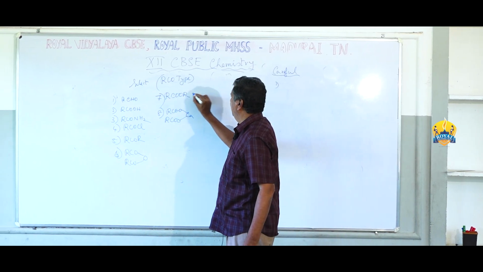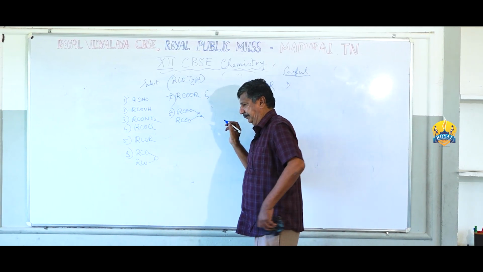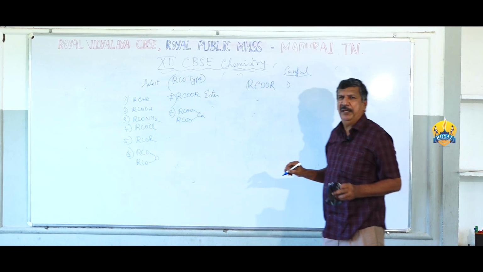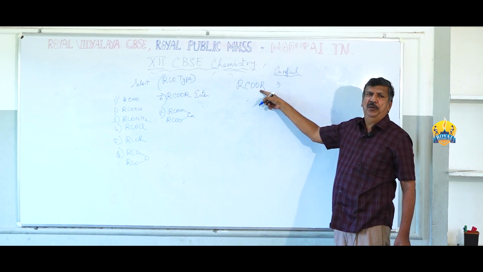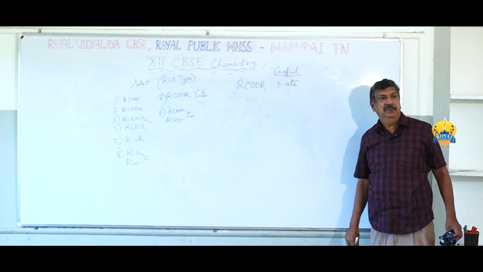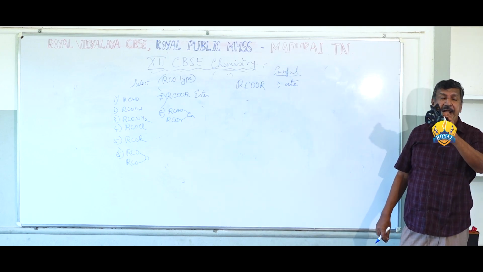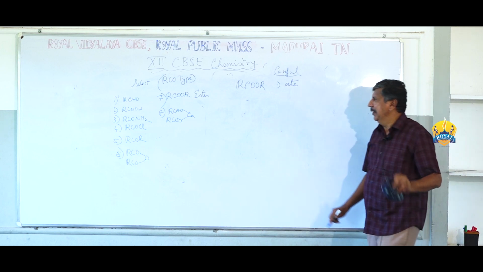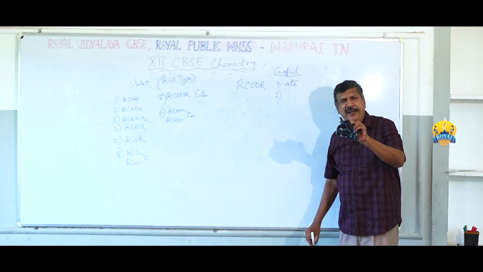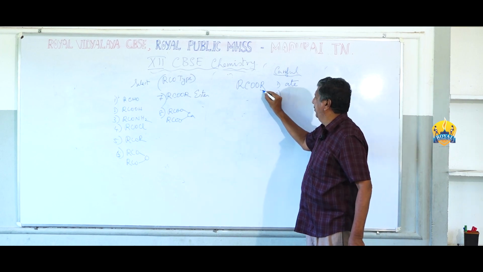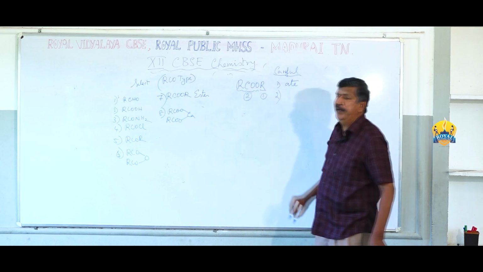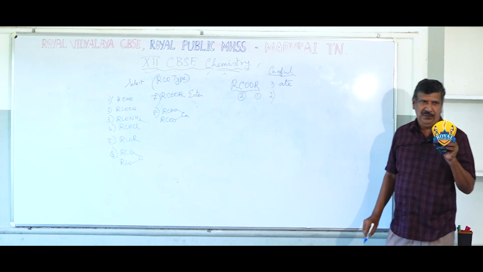Here I am just writing it as ester, but while naming the compound, the name ends with -ate. There will be no word ester in the name. Secondly, the main problem is while naming the ester, you should name this first and this second. This is very important in naming the ester.